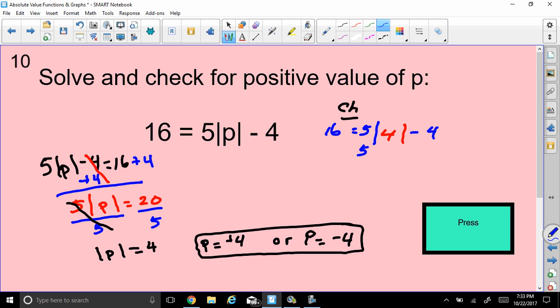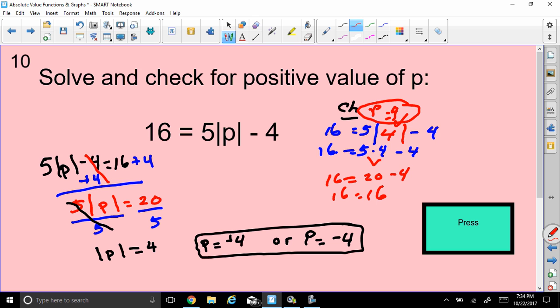So this will be absolute value of 4 is 4. 5 times 4 minus 4, and this should be equal to 16. 5 times 4 is 20, and 20 minus 4 is 16, so that does check out. So 16 equals 16. So we just used the value of P, which was positive 4, for our answer. So 4 will work, but let's check that negative one also.